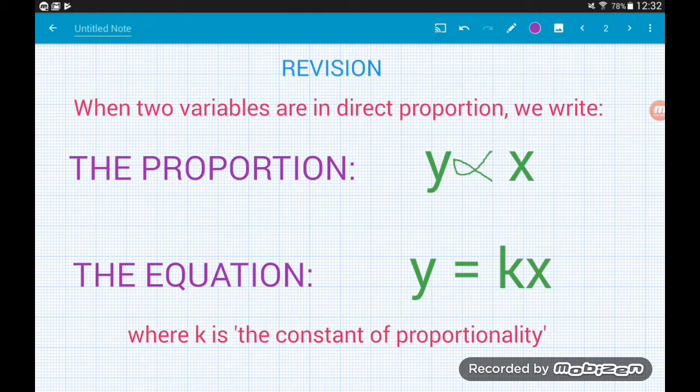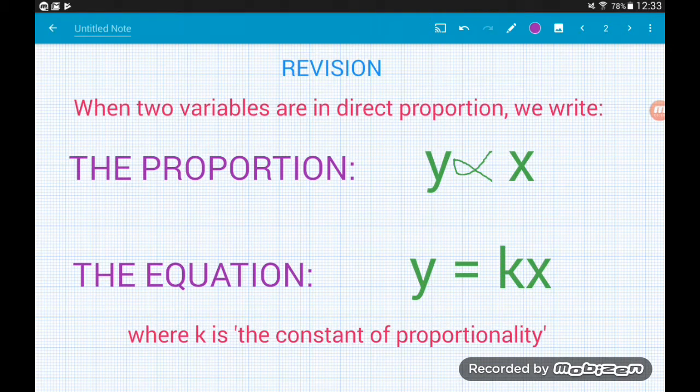And the equation that links our two variables together is y is equal to k times x, where k is what's called the constant of proportionality, which sounds a lot scarier than it is. It just tells us how y and x are related. So y might be equal to 2 times x, it might be equal to 10 times x, etc.